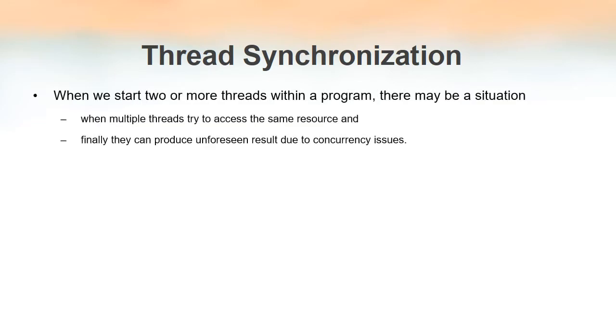So far, we discussed threads, the life cycle of threads, and how to create threads. We also saw how to create multiple threads within a program and how they behave. When we have multiple threads in our program, say 2 or more, there may be a situation in which more than one thread tries to access the same resource, and in that case the result that we get may be something we were not expecting.